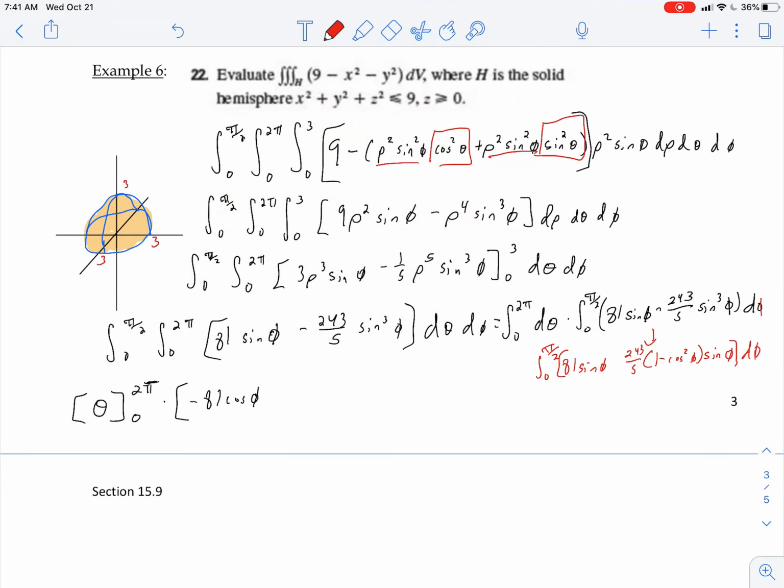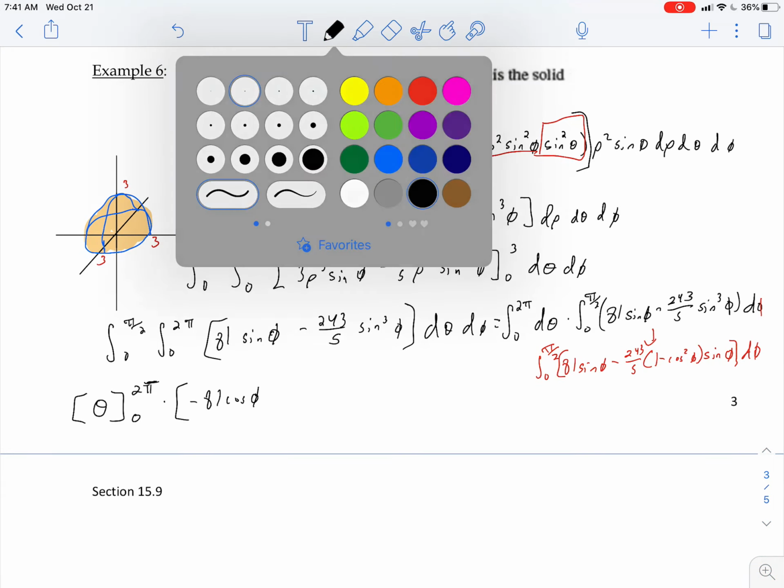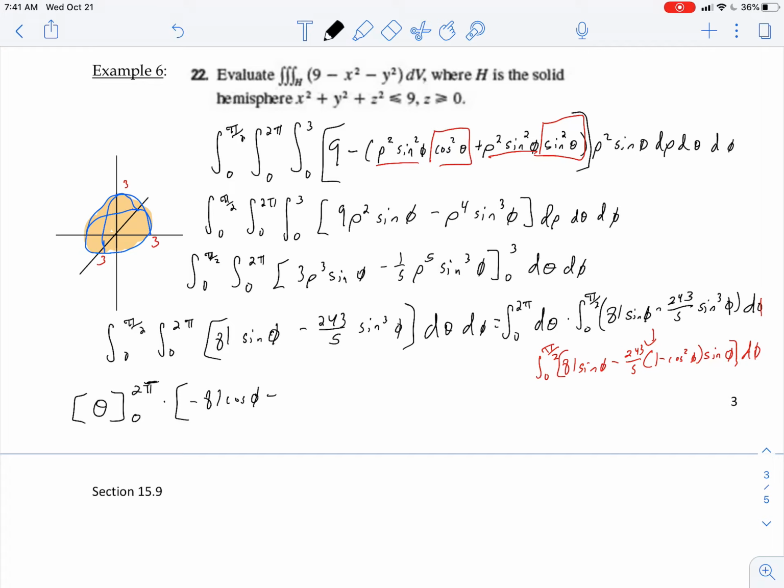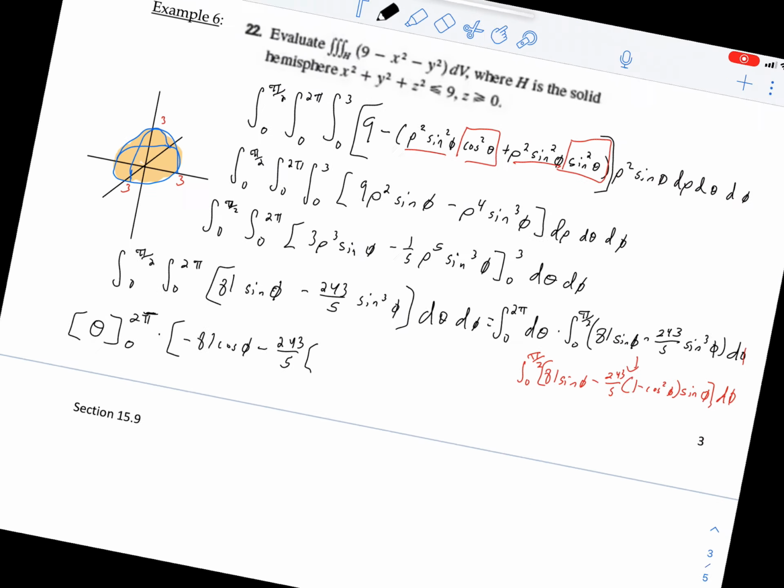So minus, minus, minus, minus. So it should be minus. So we have minus 243 over 5. And then we'll do the integration of the inside. So 1 minus cosine squared phi.